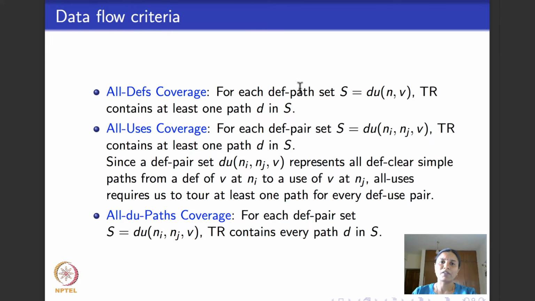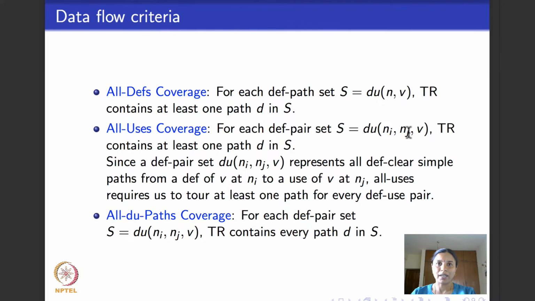So here are the definitions of the coverage criteria. What does all defs coverage say? It says that for each definition of a variable v at a node n, the test requirement contains at least one path that reaches a use. All uses coverage says that for a variable v that is defined at a node ni, I reach one path which reaches all the uses for every pair of def at ni and use at nj. To repeat, what is all uses coverage? Fix a variable v.